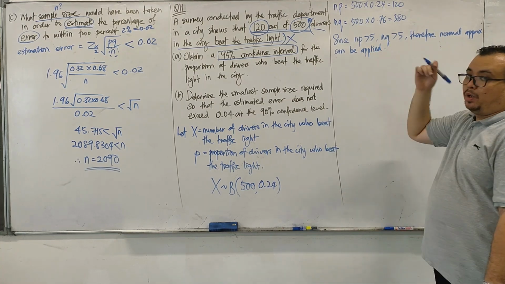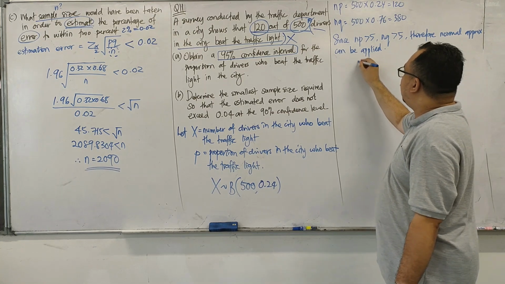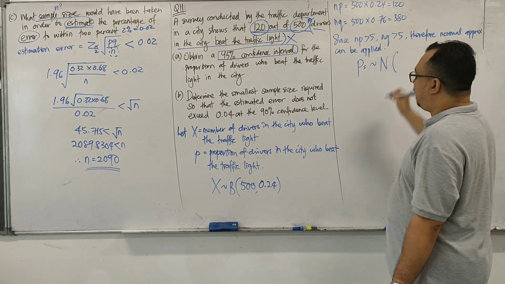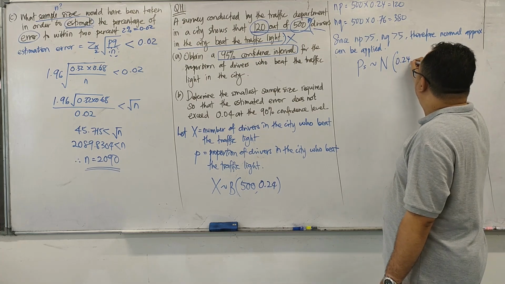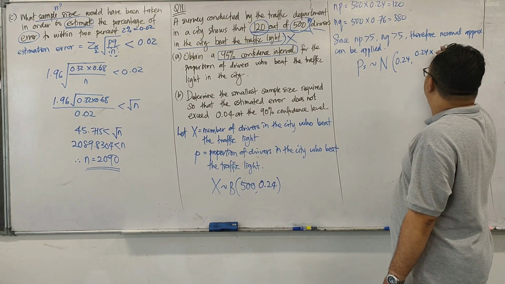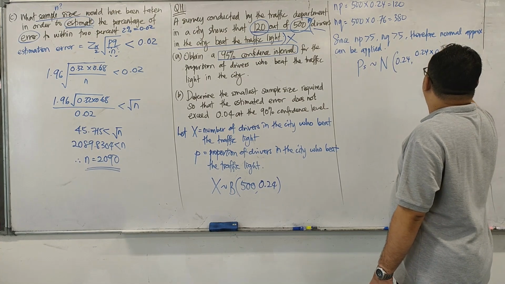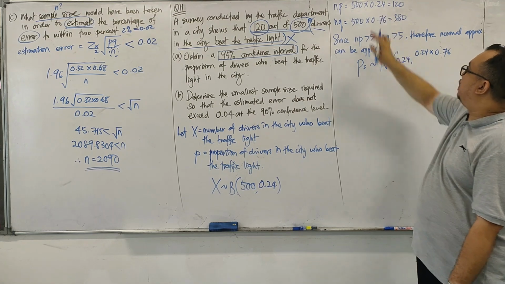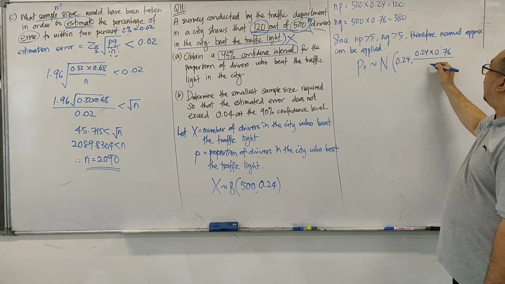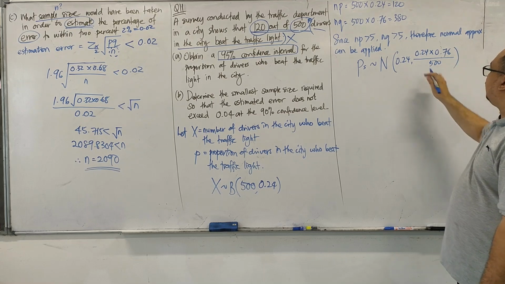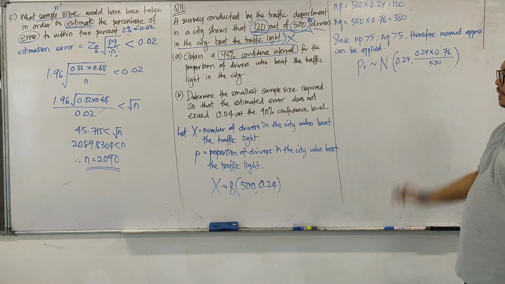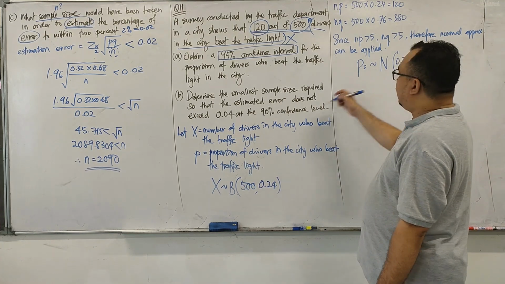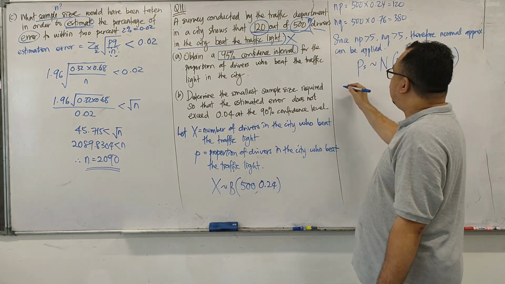So bila kita apply normal approximation, kita boleh tulis dalam bentuk P-hat follow normal distribution P, PQ over n. Q saya adalah 0.76. Macam mana saya dapat 0.76? 1 minus P, divide by n, 500. PQ over n.